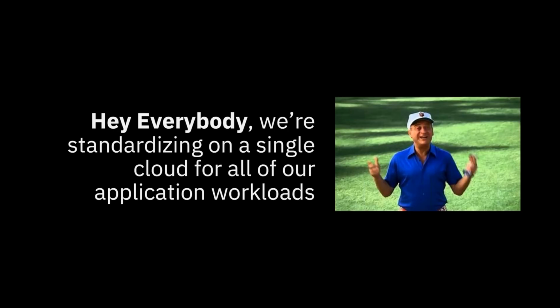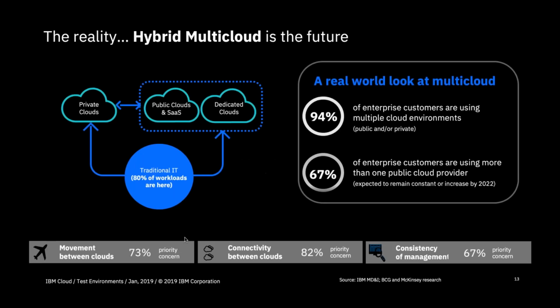So as we see on the next chart, Eric, can you advance the chart, please? There we go. So as we see on this chart, hybrid multi-cloud is the future. That's the reality, and I think the numbers bear it out, right?